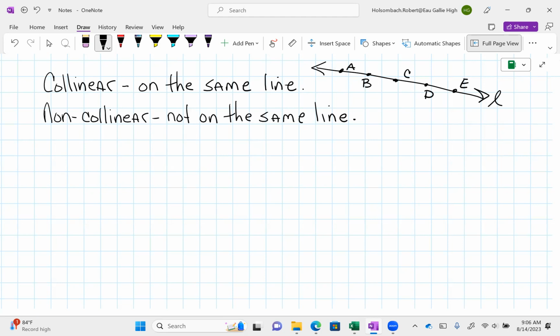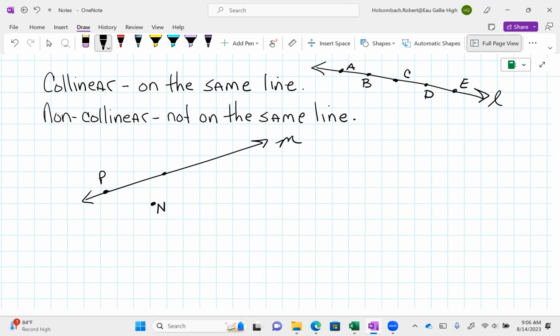Now, if we were to draw another line, line M, and here we'll put point P on it, but then N is not on that line.